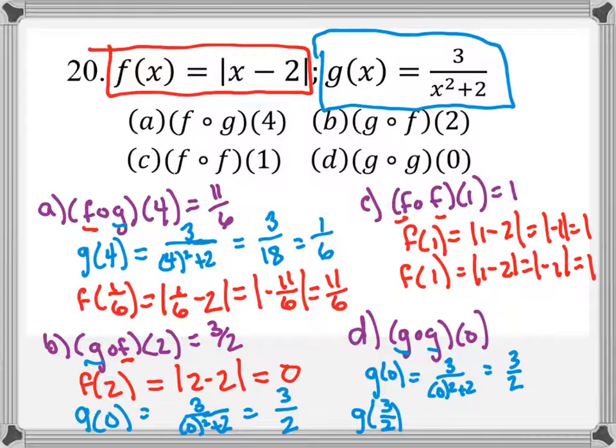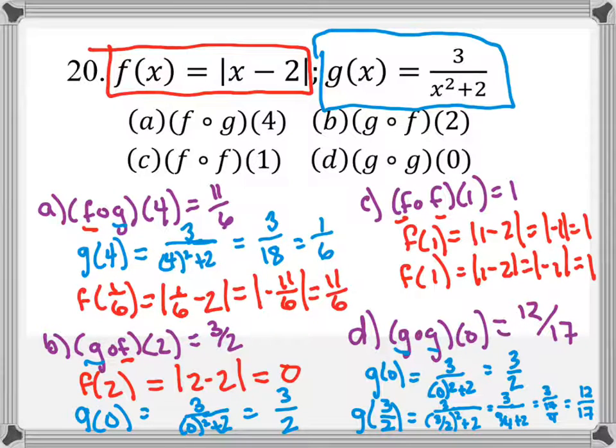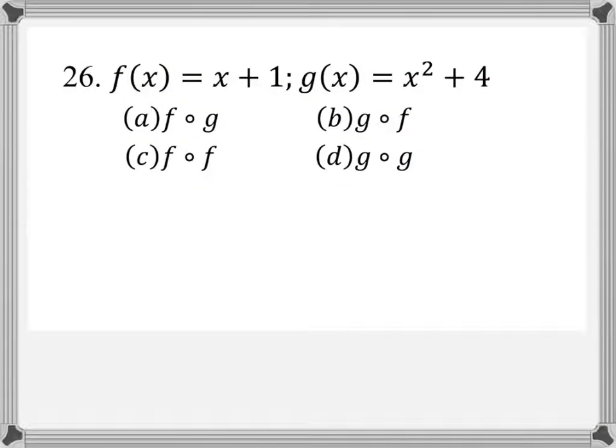So g of 3/2 equals 3 over 3/2 squared plus 2, or 3 over 9/4 plus 2, which is 3 over 17/4, or 12/17. So g of g of 0 is 12/17.